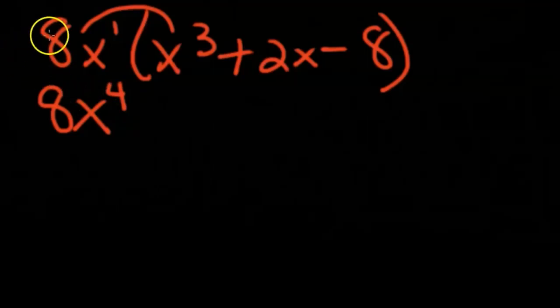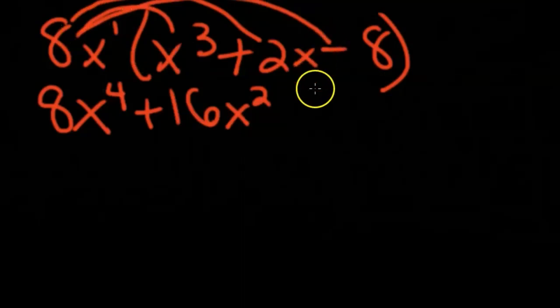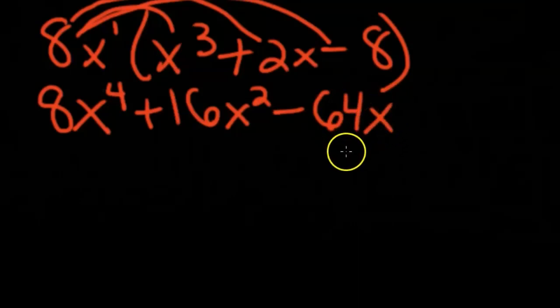Then we multiply 8x times 2x, giving us 16x squared. Now we multiply 8x times negative 8, which gives us negative 64x. So our final answer is going to be 8x to the fourth plus 16x squared minus 64x.